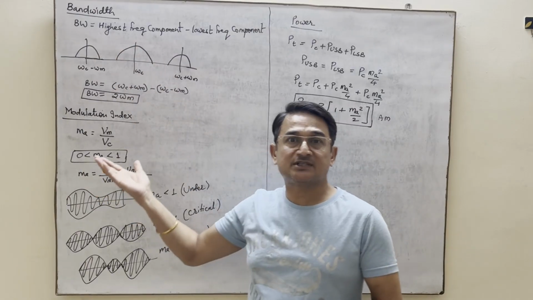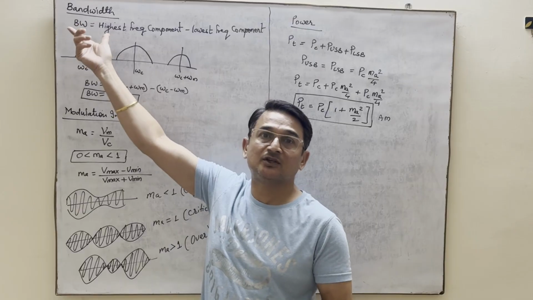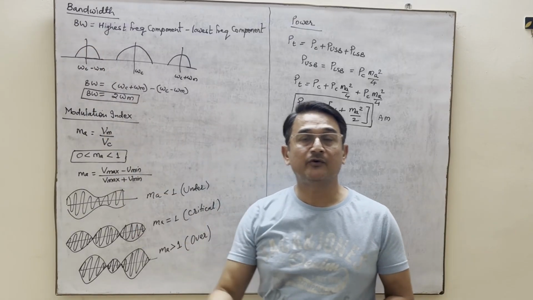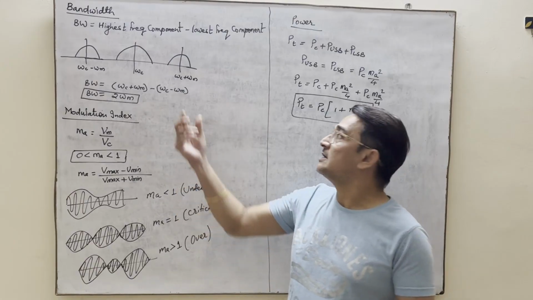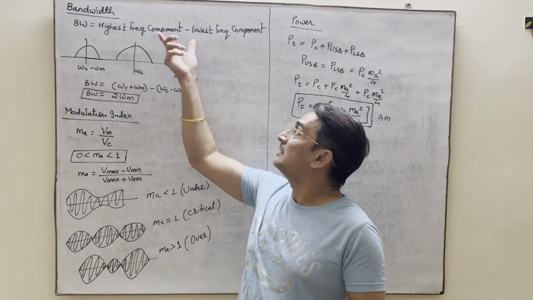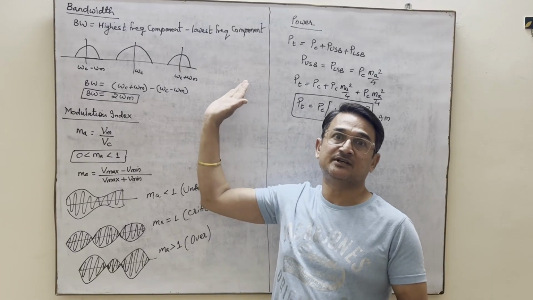Now there are a few concepts related to amplitude modulation. The very first concept is the bandwidth of amplitude modulation. How do we calculate the bandwidth of the amplitude modulated signal? Bandwidth is nothing but the difference between the highest frequency component and the lowest frequency component.